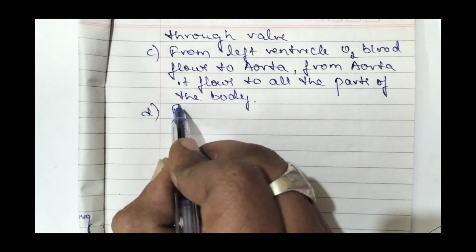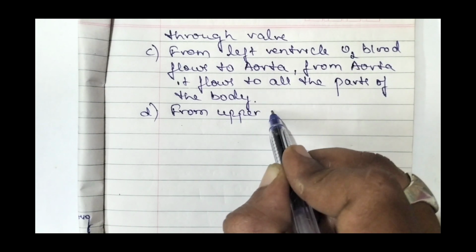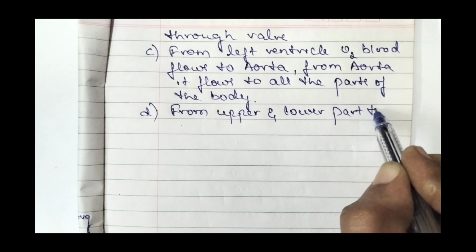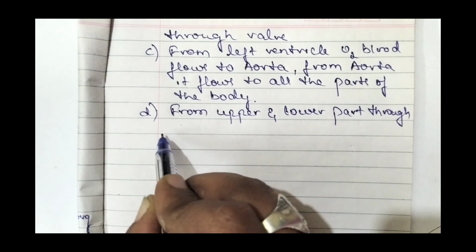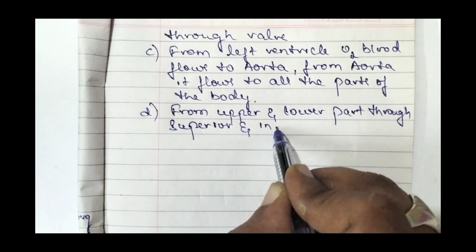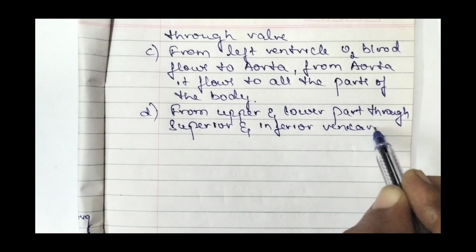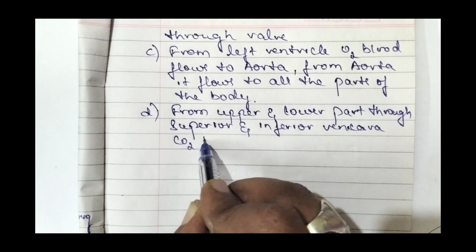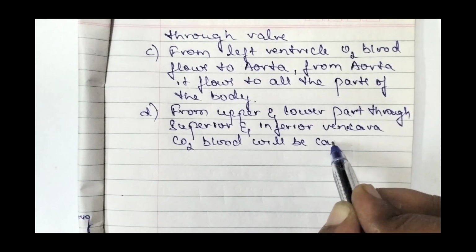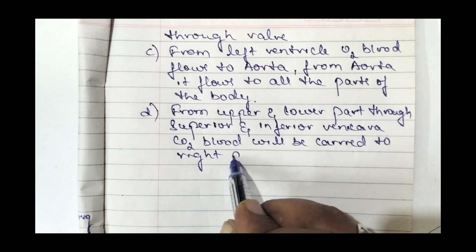then from the upper and lower part through the superior and inferior vena cava, deoxygenated blood will be carried to the right auricle.